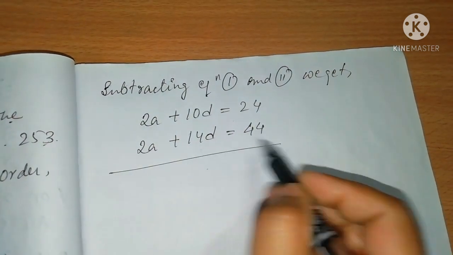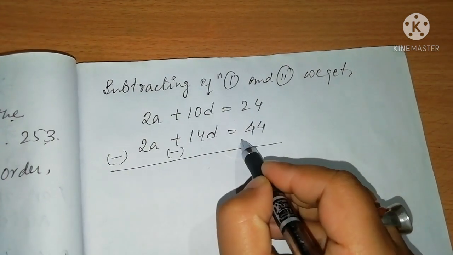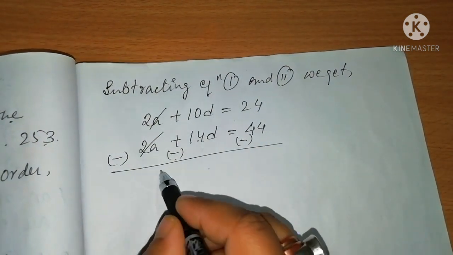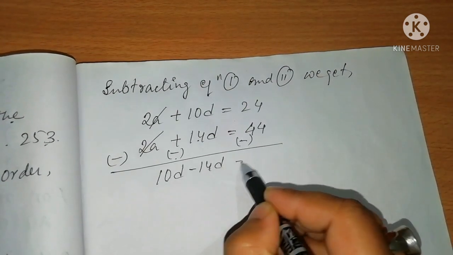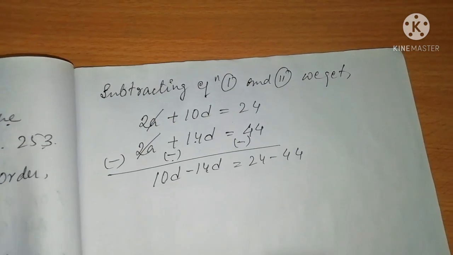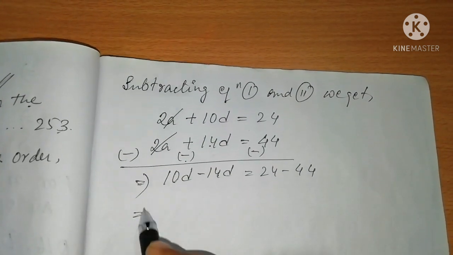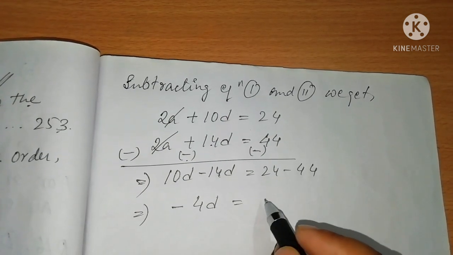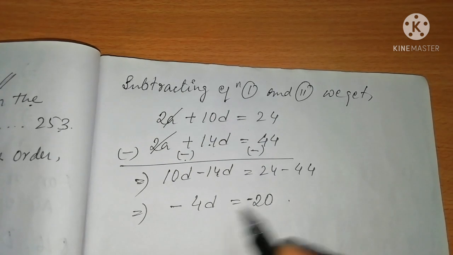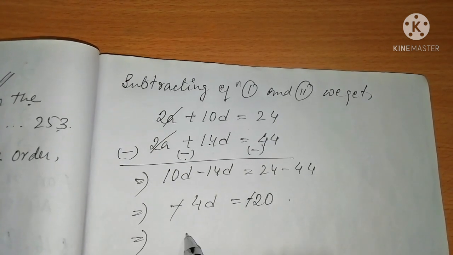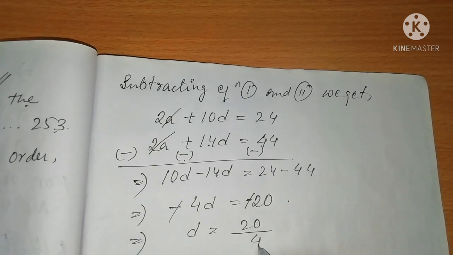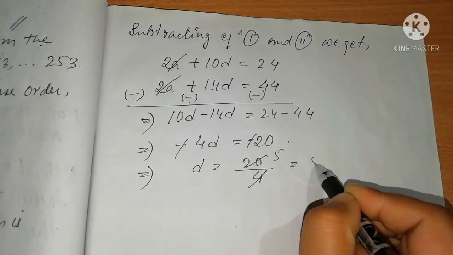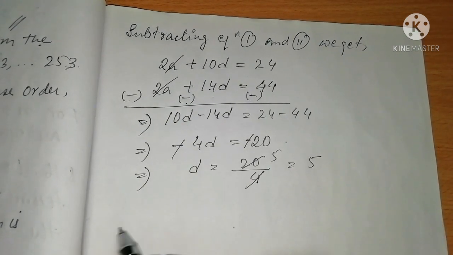So let us subtract this. Minus, minus, minus. This 2a will be cancelled. 10d minus 14d equal to 24 minus 44. So 10 minus 14 will be minus 4d, is equal to 24 minus 44 will be your minus 20. So minus minus will be cancelled. So d equal to 20 by 4, which will get 5. So d we got as 5.